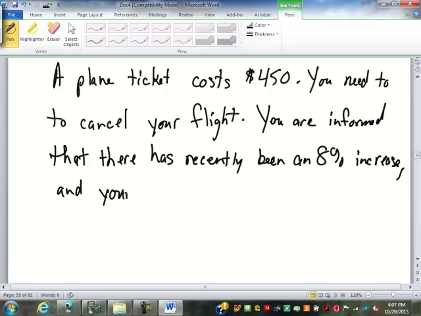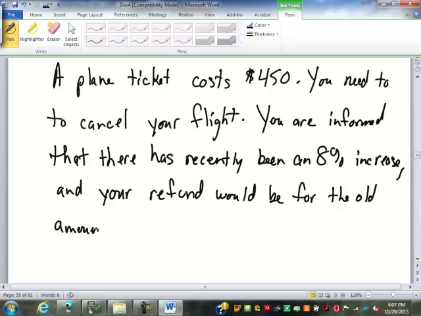And your refund would be for the old amount. How much is your refund? In other words, the price was $450 after an 8% increase. What was the price before the increase is what that's asking.